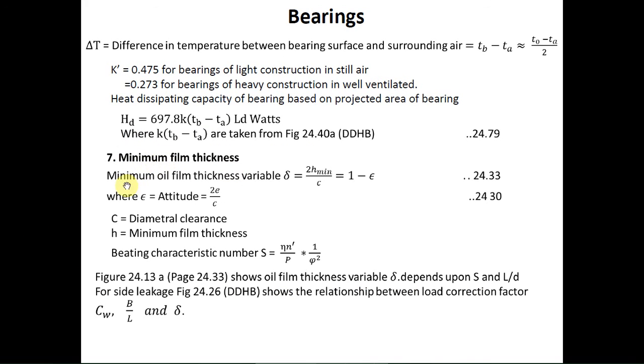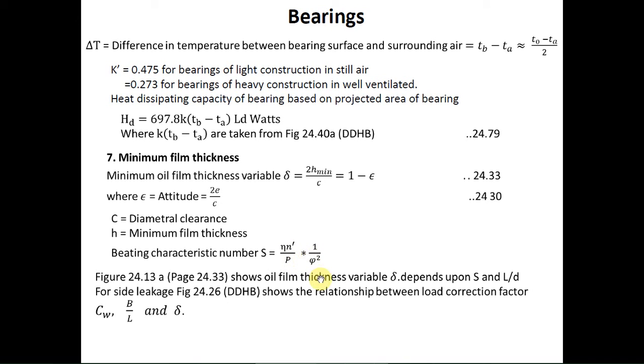Minimum oil film thickness variable delta equals 2H min divided by C, which equals 1 minus epsilon. This is equation 24.33, where attitude is 2E by C. C is the diameter clearance, H is the minimum film thickness. Bearing characteristic number S equals eta n dash by P into (1 by psi square).